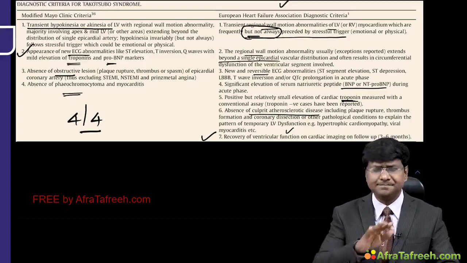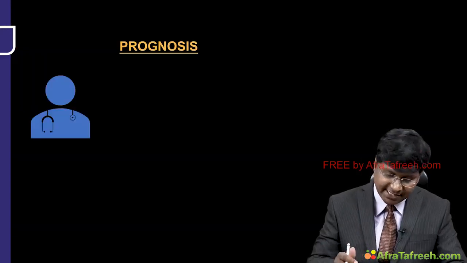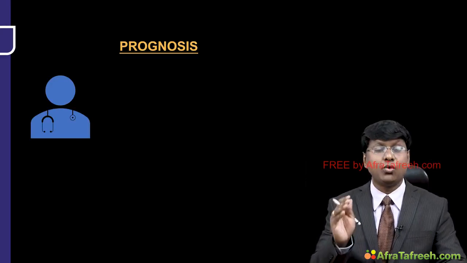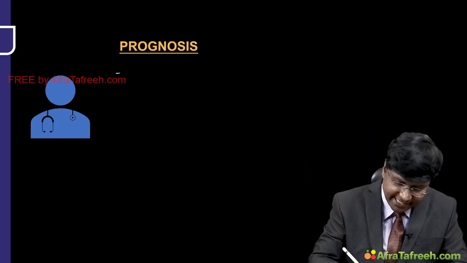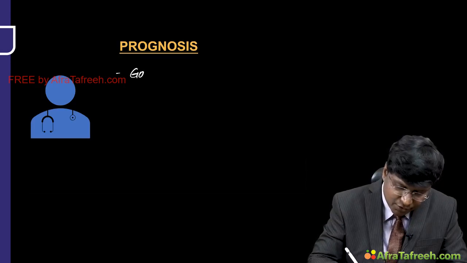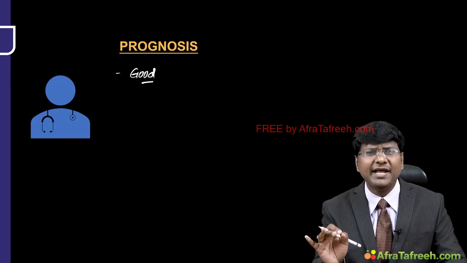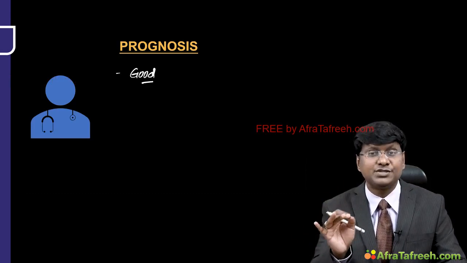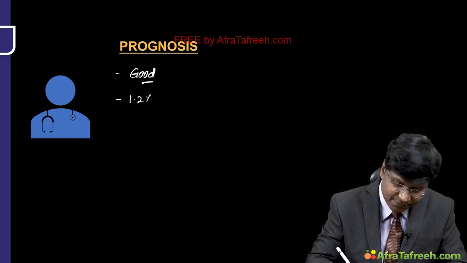Then overall, how will be the prognosis in these patients with Takotsubo cardiomyopathy? We have discussed this in the beginning of the session itself, that overall prognosis is good. So it's an acute reversible event. So the prognosis is good in these individuals, but very rarely, in almost 1.2% of patients who are hospitalized, they may develop complications, right?